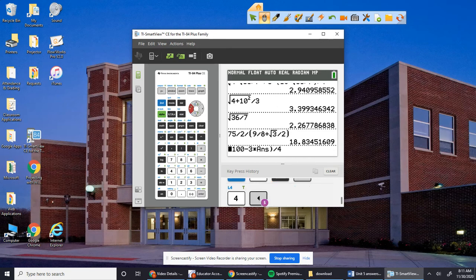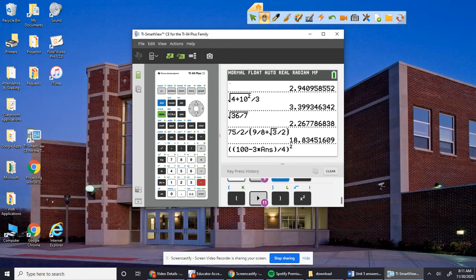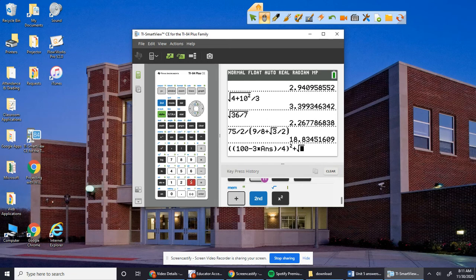I should probably insert a parenthesis because now I'm going to need to square that. So I'm going to square that and then add to it the root 3 over 4 times the answer squared.